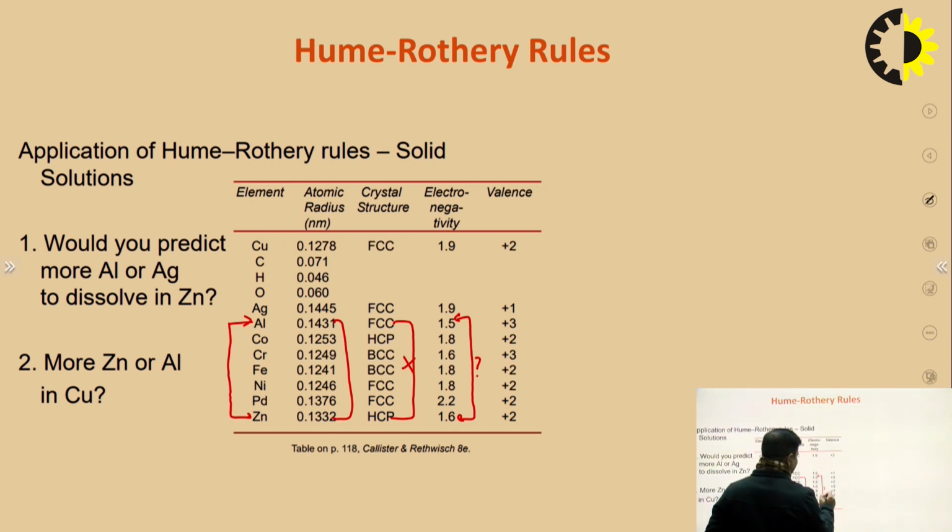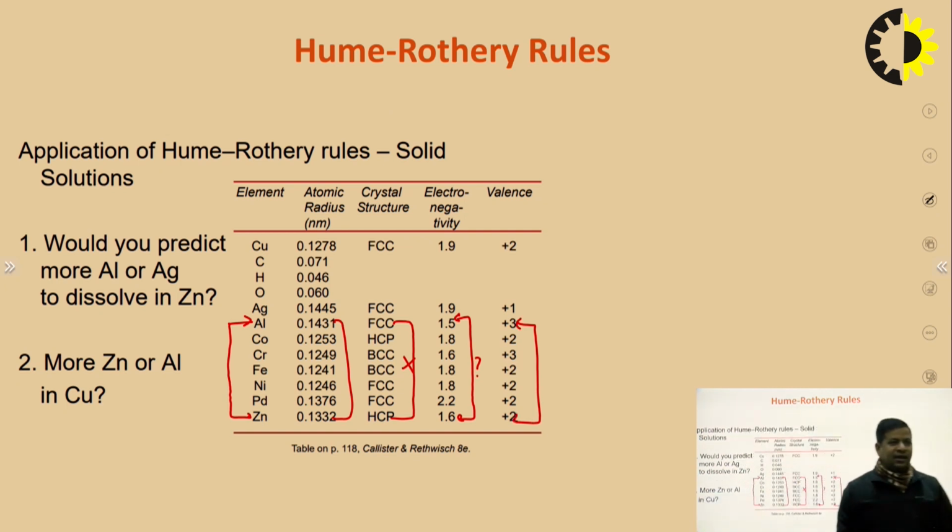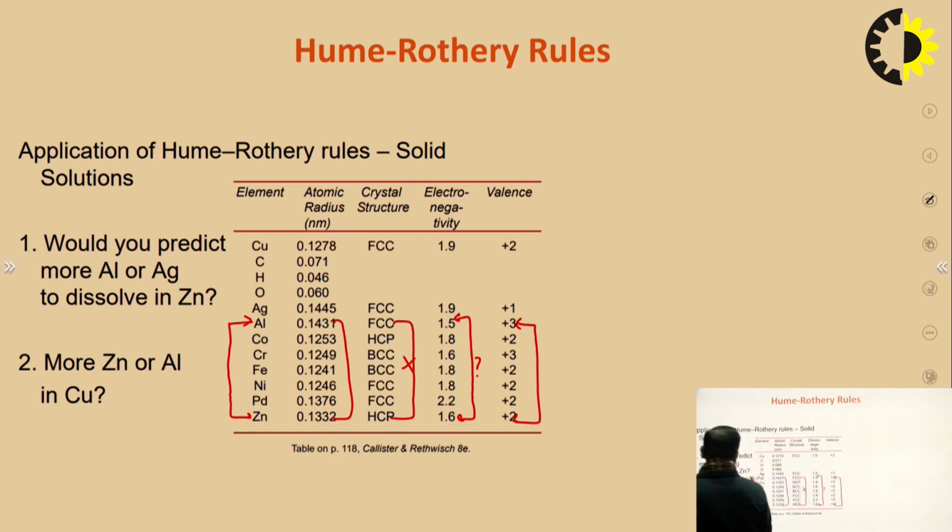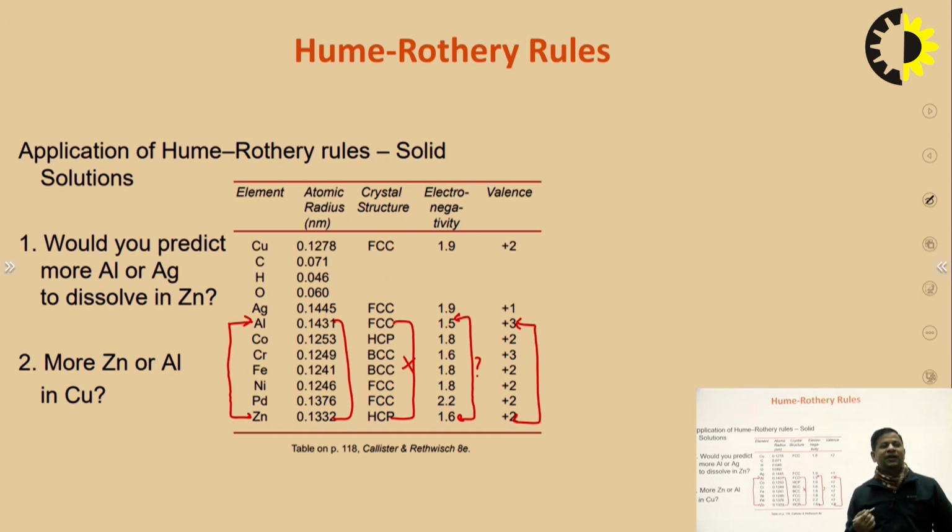That you have to check, and again the valency here. Just check whether these 4 criteria are followed by any mixture, any element. Only then can we say it can create a perfectly homogeneous solution, a perfectly substitutional or binary solution.